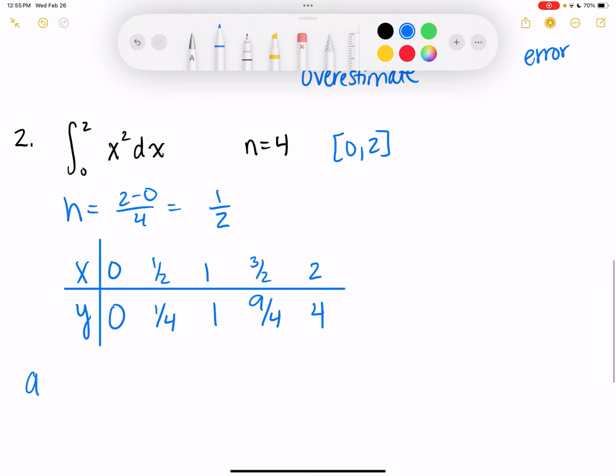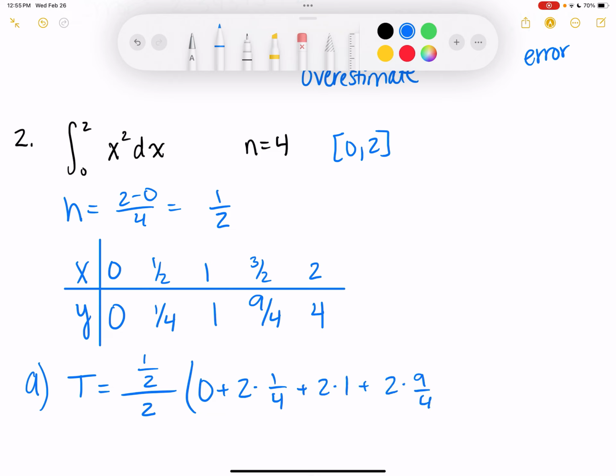All right, part A. T equals h over 2, so 1/2 divided by 2, times 0 plus 2 times 1/4 plus 2 times 1 plus 2 times 9/4 plus 4.